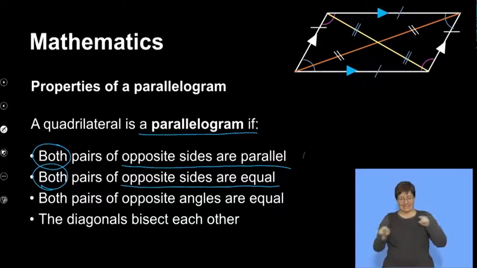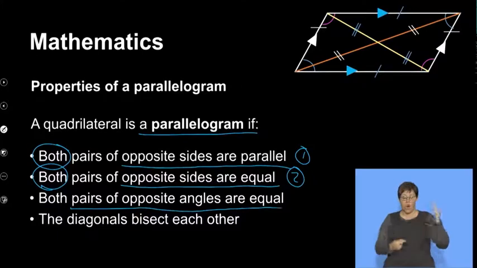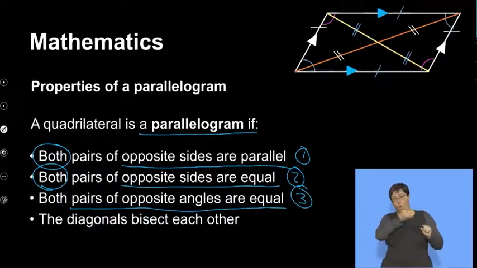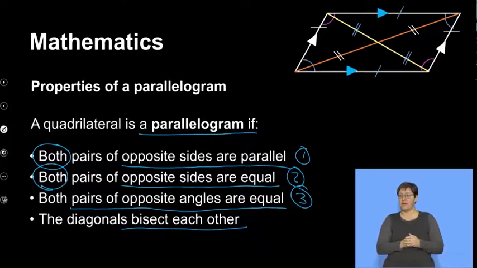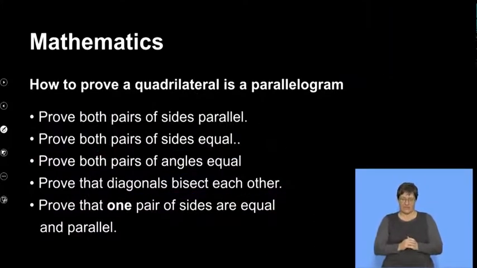So this is option 1, by the way. This is option 2. Then option 3 will be both pairs of opposite angles are equal. That will be my number 3 that I can try and prove. Then you can also prove that the diagonals bisect each other, because that's one of the properties of what a parallelogram is all about.